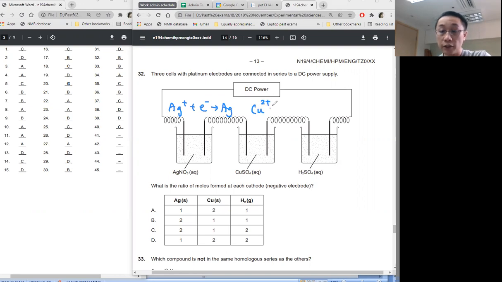Silver reduction is a one electron process, while copper reduction and hydrogen reduction happen to be two electron processes. So if the same number of moles of electrons is involved at each surface, let's say 1 mole of electrons, you end up forming 1 mole of silver, but only half a mole of copper and only half a mole of hydrogen. Therefore, the answer is B.